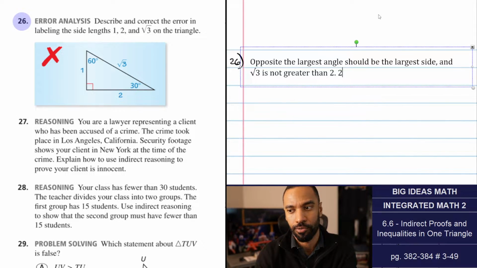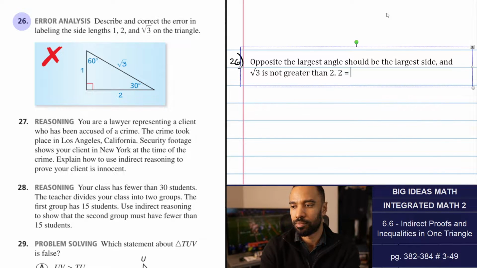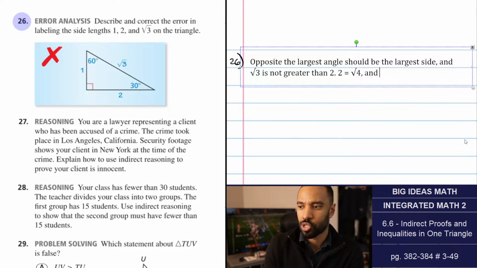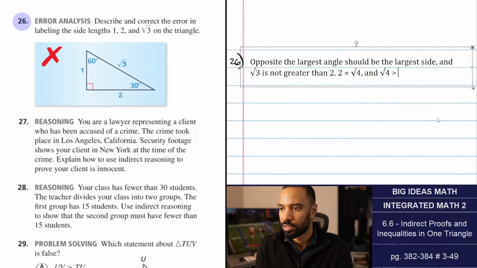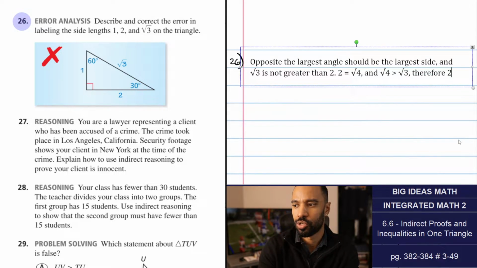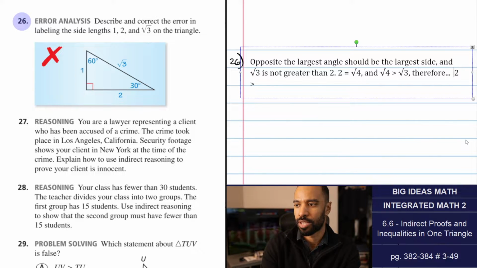And the square root of 4 is greater than the square root of 3. Therefore, 2 is greater than the square root of 3.